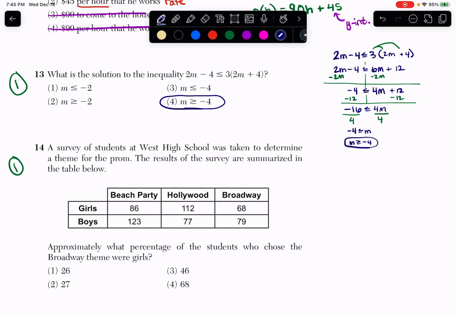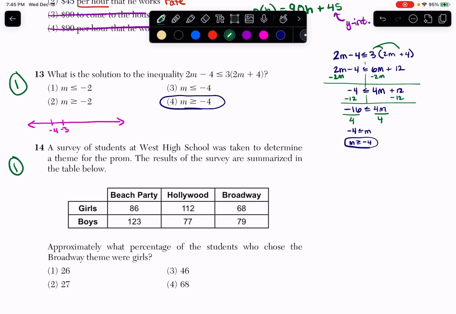However, even though I'm pretty confident because I got negative 4 and the answer has negative 4, I always want to be really careful about the direction of my sign. So the way I'm going to check this is I want to choose a value that is greater than negative 4 and make sure it makes the inequality true. If I think of my number line, negative 4 is here.